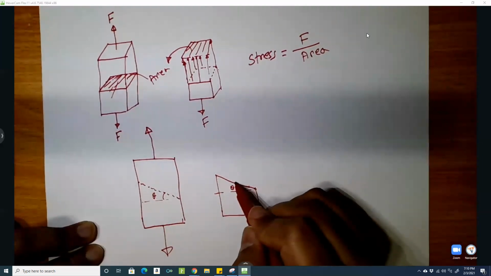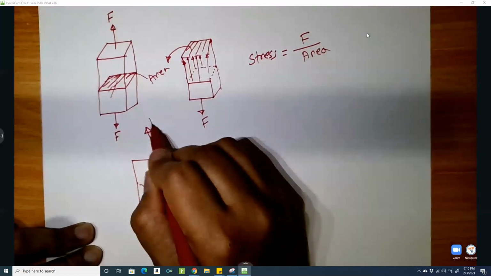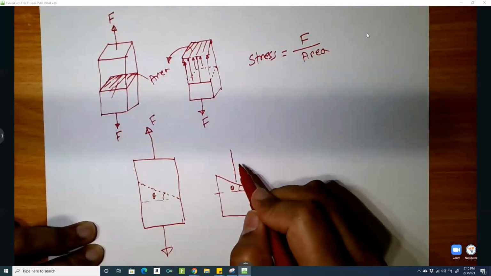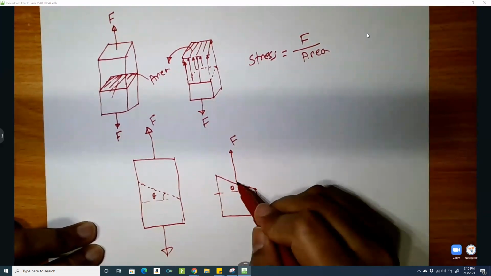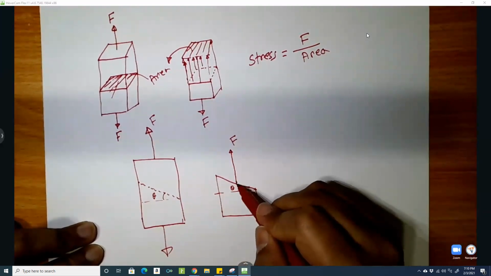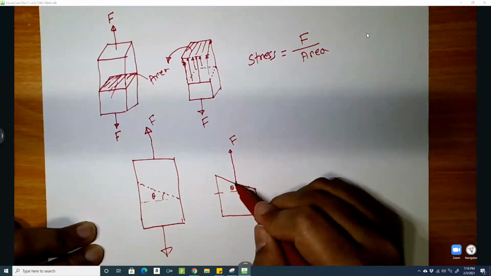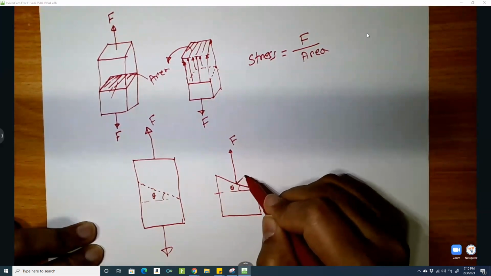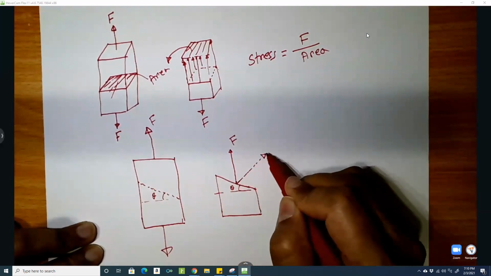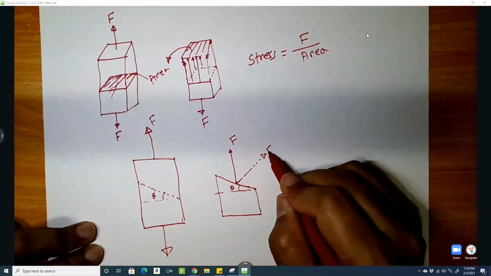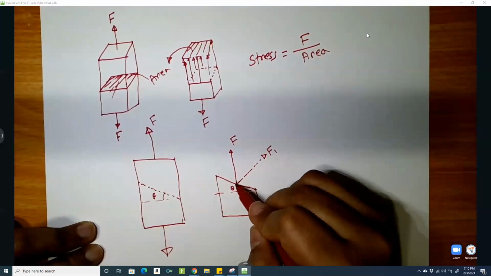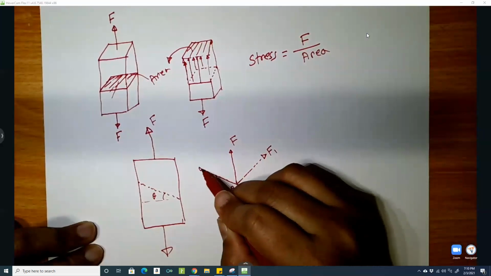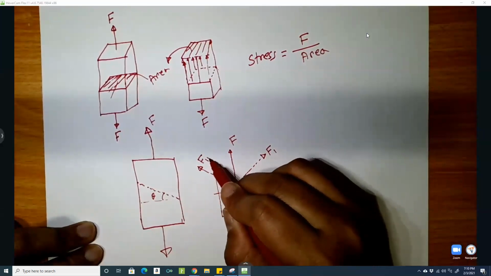Now this force is F, and it has two components. One component is perpendicular to this plane, say this is F1, and the other component is acting along this plane, F2.